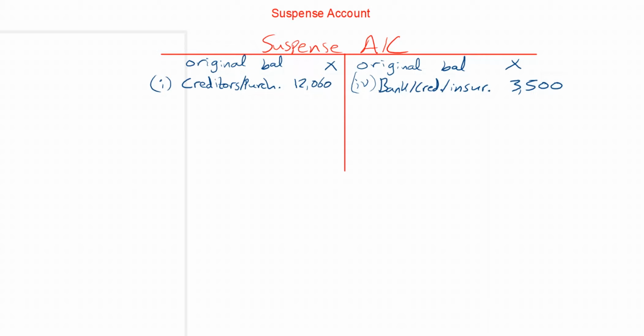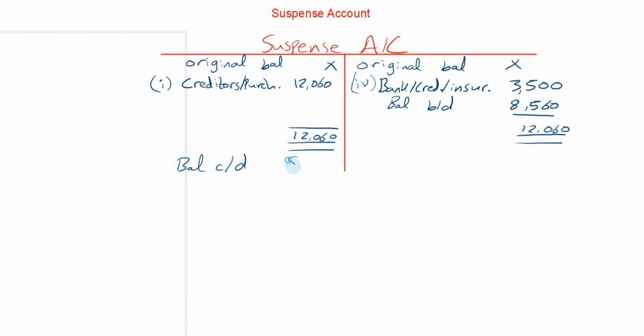If this was a normal figure on your balance sheet, you would take the bigger number, 12,060, and the smaller side, which is the credit side, would get the amount. 560 would bring that up to 8,560, and you would do closing, call it balance brought down, and then go down here, balance carried down 8,560.